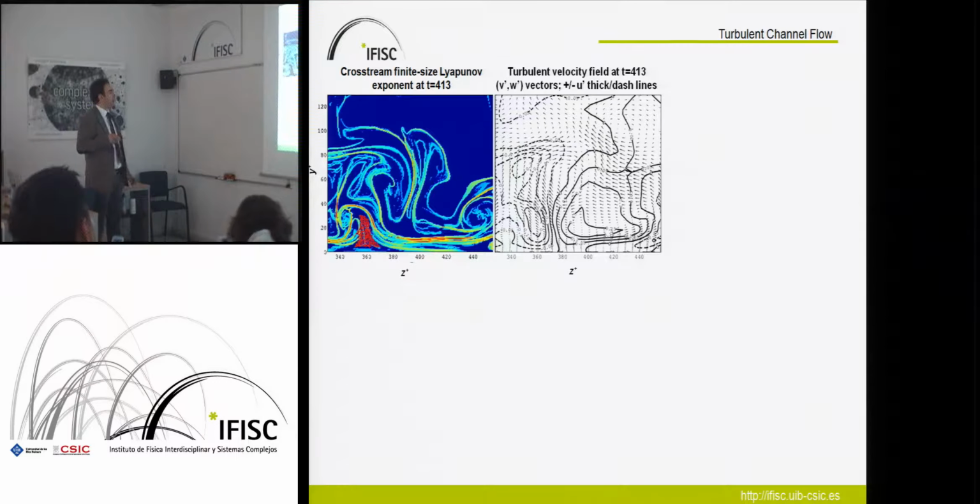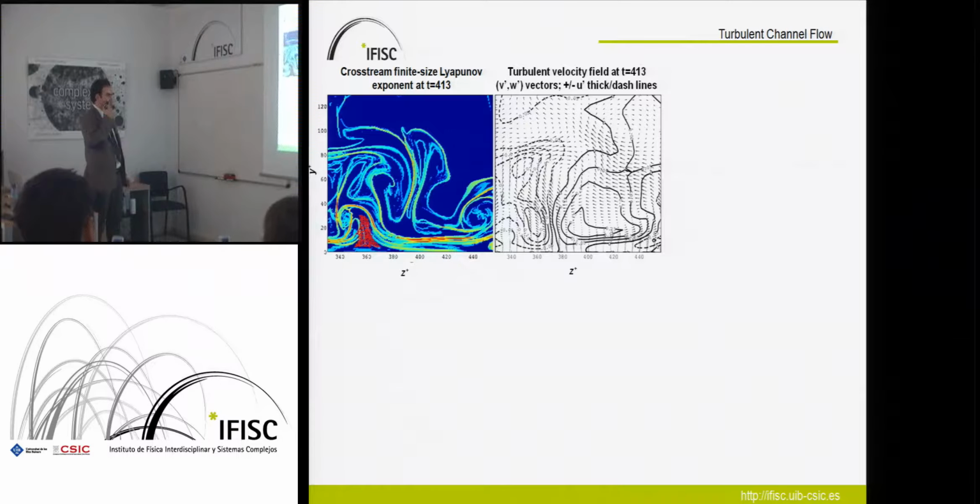Moreover, we have observed what happened to particles that were released near the wall, and when we observe their movement, we see that it is clearly correlated with the shape of these high FSLE lines.